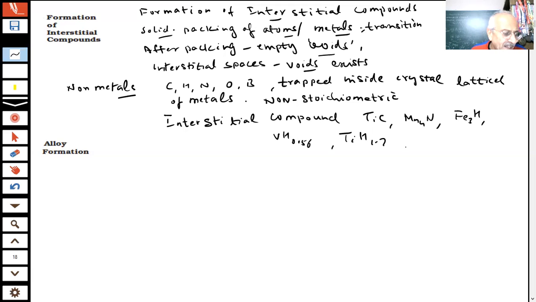The formulas do not correspond to any normal oxidation state of the metal. The composition of this compound is not fixed, as we are saying. That is why we call these non-stoichiometric compounds, student. Their composition is not fixed. It can vary depending on how many particles are trapped inside.